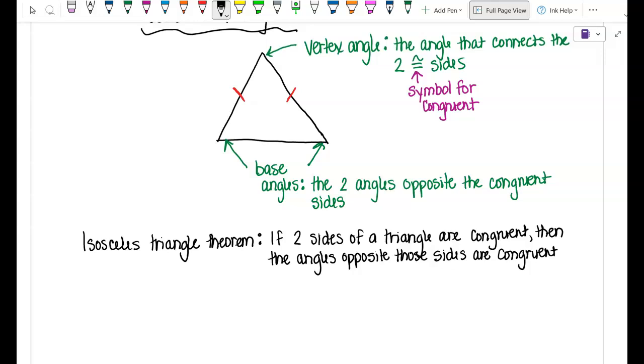And then there's a converse of this theorem. And a converse of a theorem just means I can take the first theorem and switch the two parts around. In the first one, we said if the two sides are congruent, then the angles are congruent. The converse is this is true, where we could start with the angles and then know about the sides. So again, it's called the converse of isosceles triangle theorem.